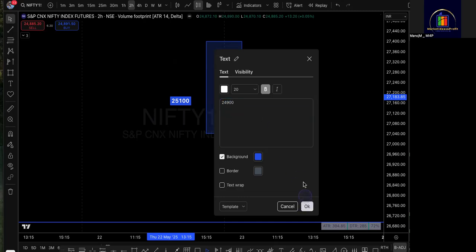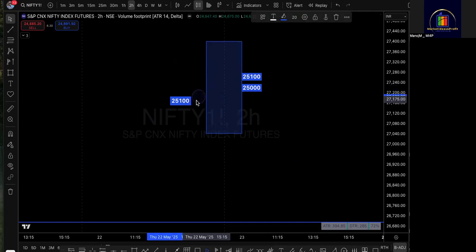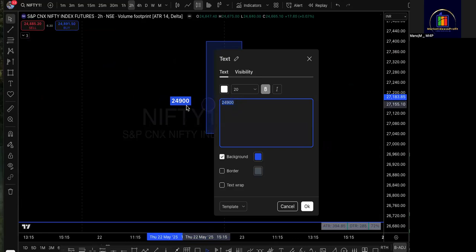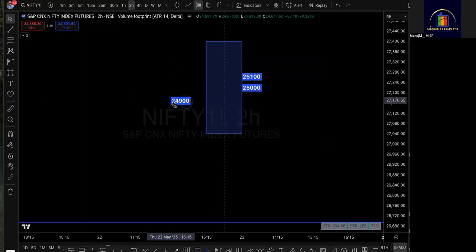Now, we all know that the market will move only if there are market orders placed in the system. So this is 24,900. Only if someone at 24,900 wants to buy at 25,000, he has to place a market order to capture the seller here. If he's just placing a buy order, which is a limit order, he's not going to get matched, because there's no other contract available.